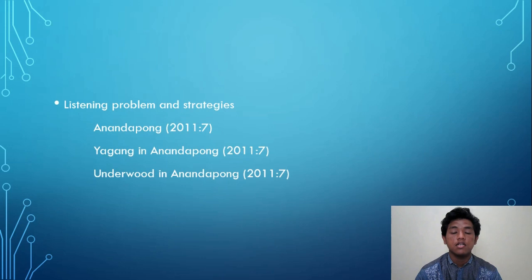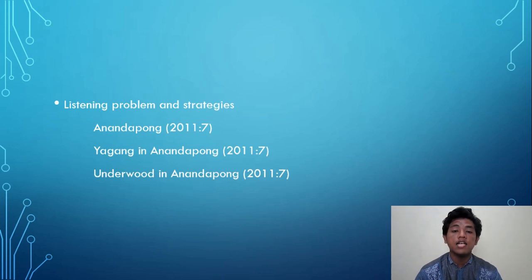According to Yagang in Anandapong in 2011, page 7, the problems in listening were accompanied by four factors. That is message, the speaker, the listener, and the physical settings.